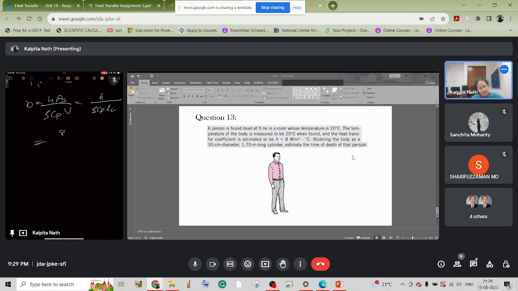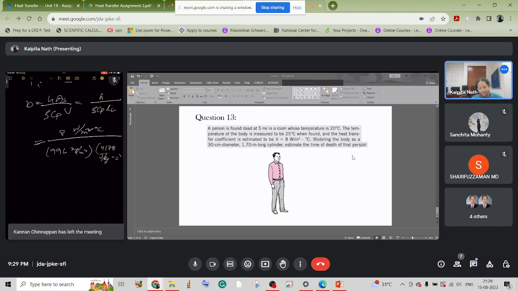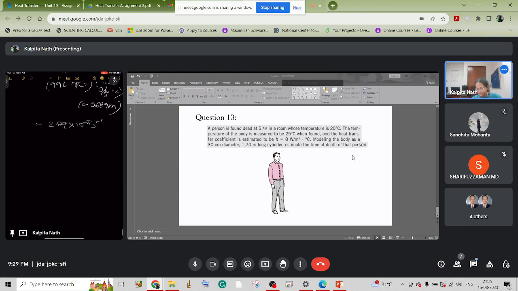So this is 8 watt per meter square degree Celsius upon 996 kg per meter cube, 4178 joule per kg degree Celsius, and 0.0689 meter. This came out to be 2.79 into 10 to the power minus 5 second inverse.